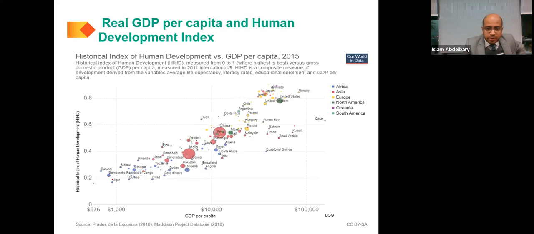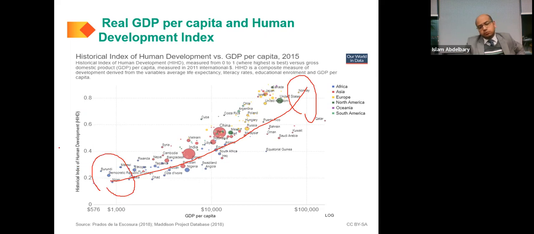High GDP per capita, high HDI; low GDP per capita, low human development. So again, GDP per capita is strongly associated with human development. What else?